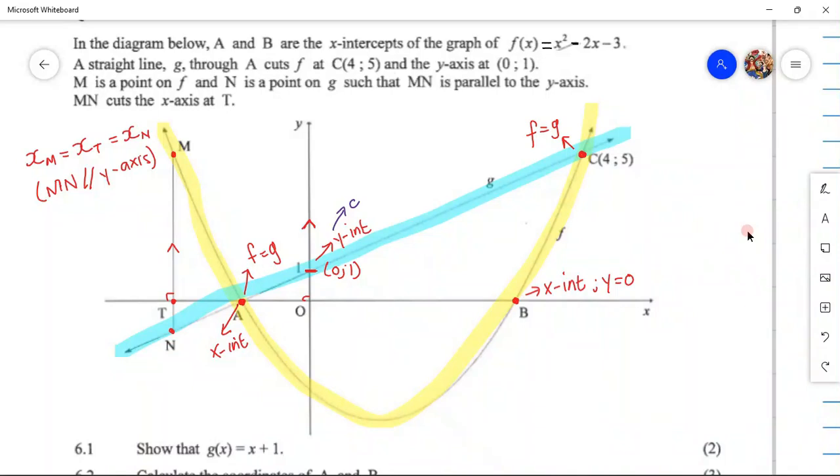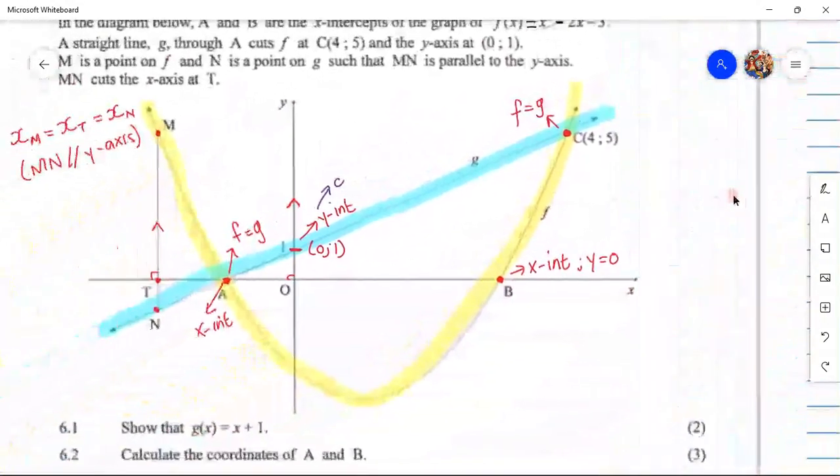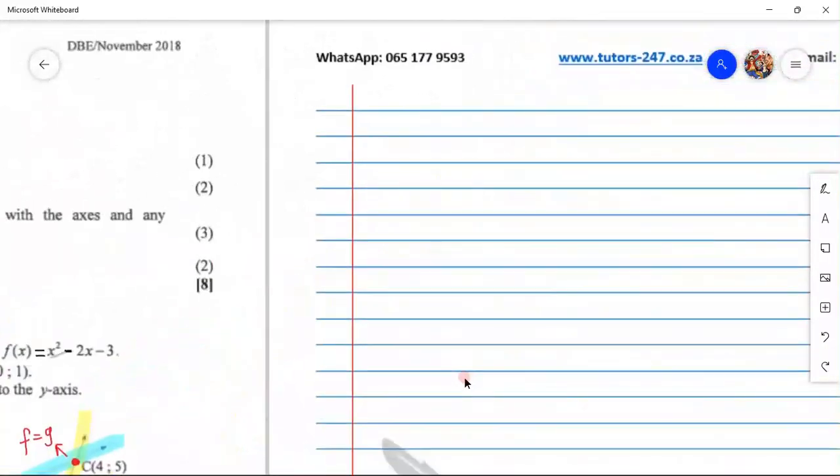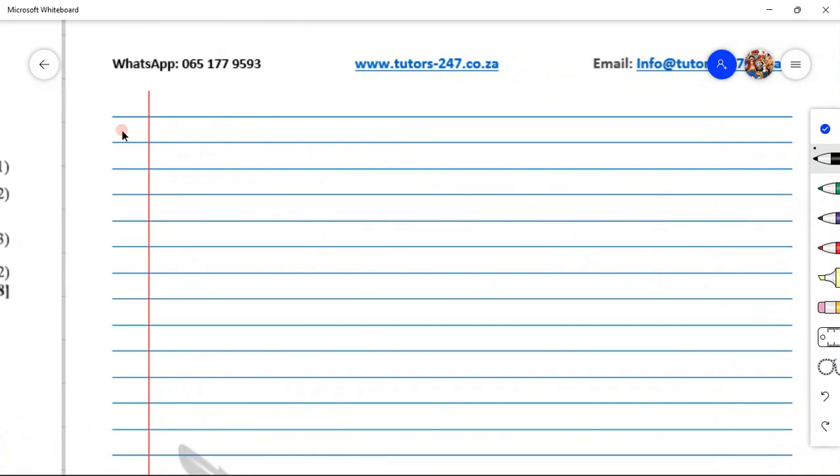So because we have our value of c, the only thing left is to find our gradient. Now in order to find gradient, we need 2 points. So we have 2 points, which is c and our coordinate of 0 and 1. So let's find our gradient. So this is a 2018 question paper. So we've got question 6.1.